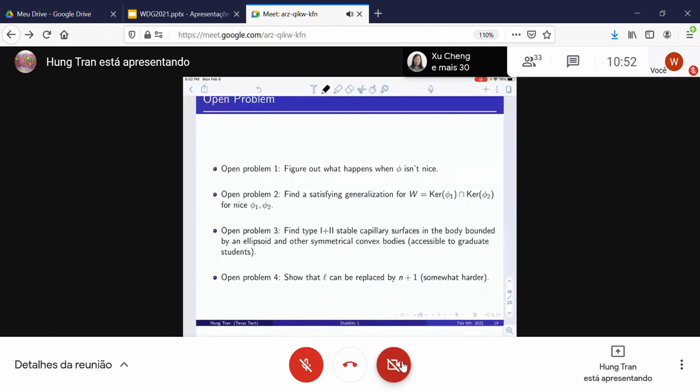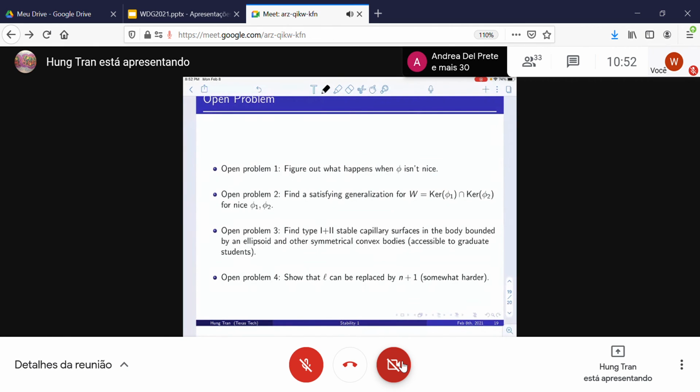But from the functional analysis point of view, the abstract theorem is basically a functional analysis theorem. From that point of view, it is intriguing to determine exactly what's going on when this functional isn't nice, when it's actually a limit point. And surprisingly, I don't have an answer to that question. So that's one open problem.